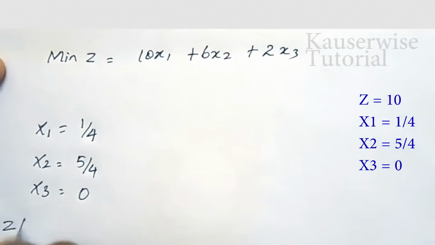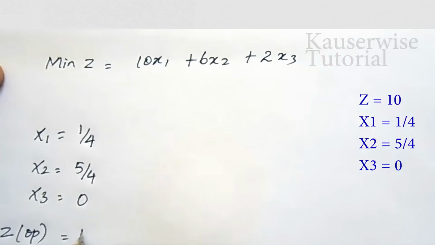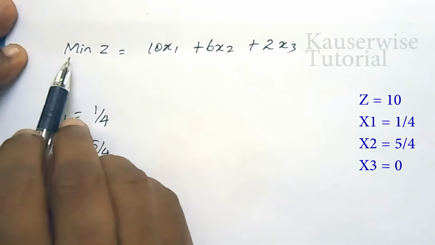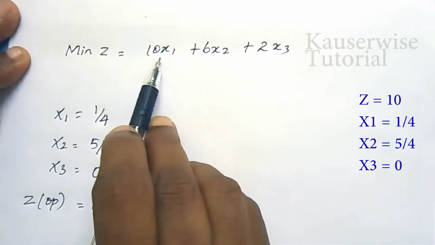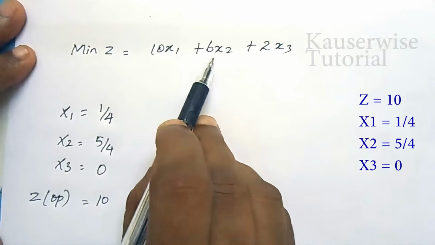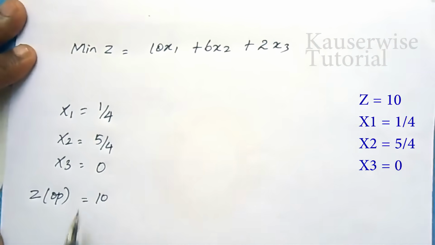And z optimal value is 10. The objective function must be 10.